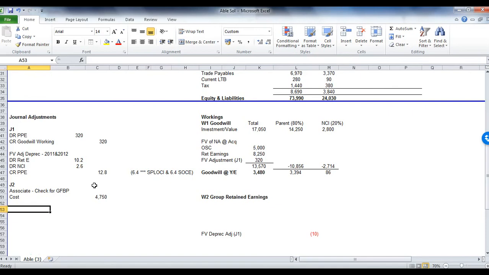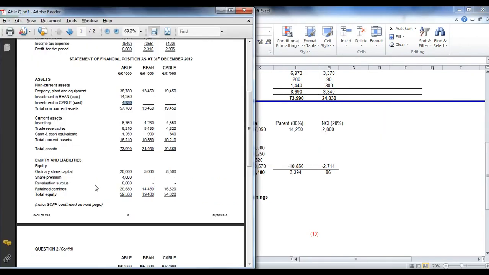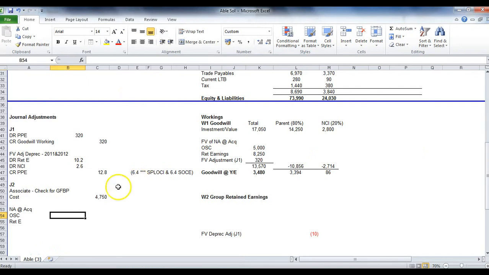And the net assets at acquisition, so you're told no fair value adjustments, are ordinary share capital and retained earnings. So the ordinary share capital is 8,500, or 8.5 million. Retained earnings is a small bit of a trick, and you need to make sure you're comfortable with that. It's the retained earnings on the 1st of the 4th, 2012.